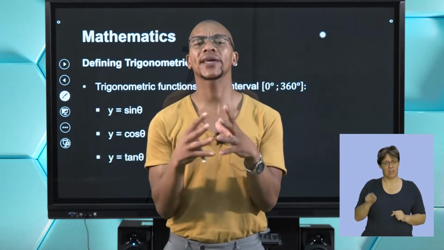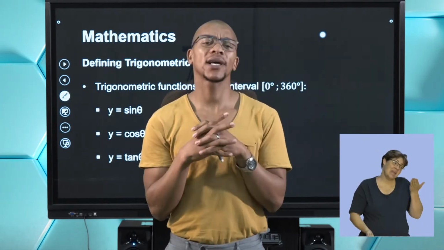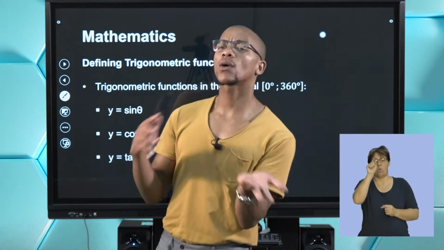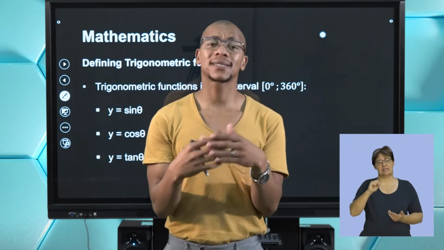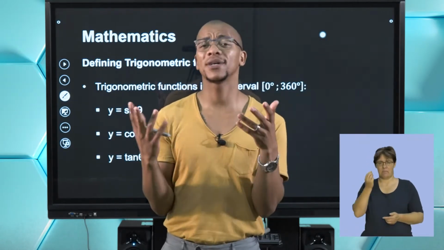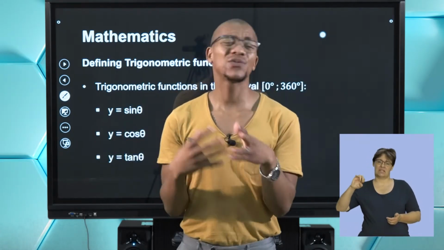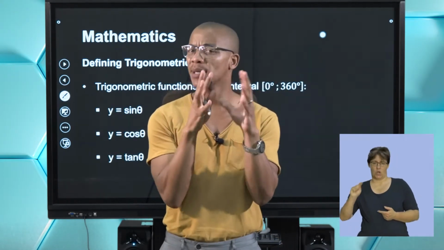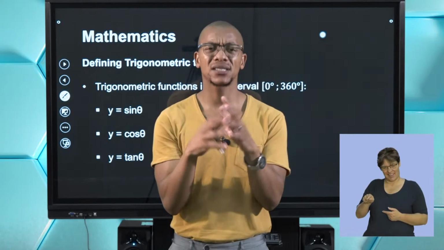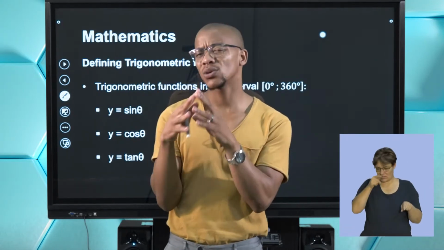Reciprocals is just trying to say, if maybe we are trying to find what 1 over cos is, we can give it a name and say it's sec. If we want to find 1 over sine, we know we can give it a name and say it's cosec. If we want to find 1 over tan, we can say it's cot.